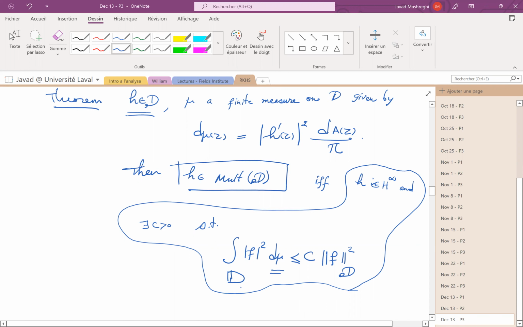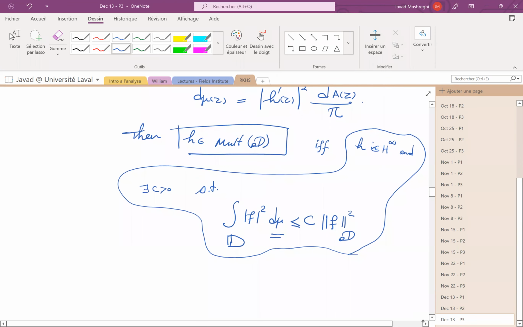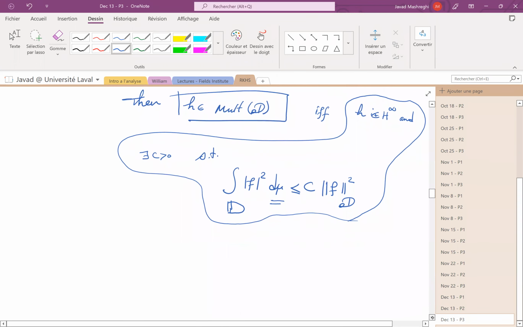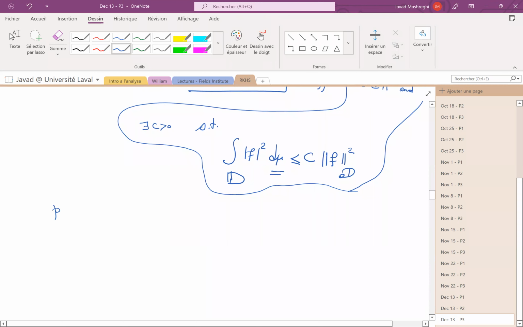A lot of prominent mathematicians have worked on this topic. Based on that, we can even give a complete characterization of multipliers, even though it's not a handy characterization. The proof is easy. Let me give the proof. First, suppose that h is a multiplier.